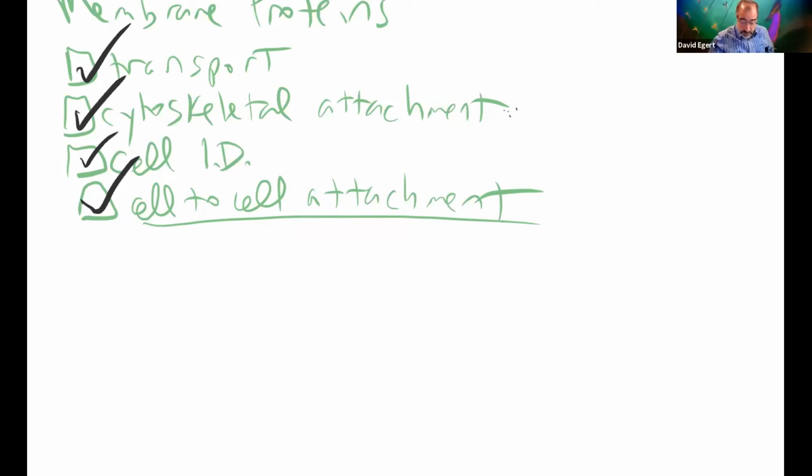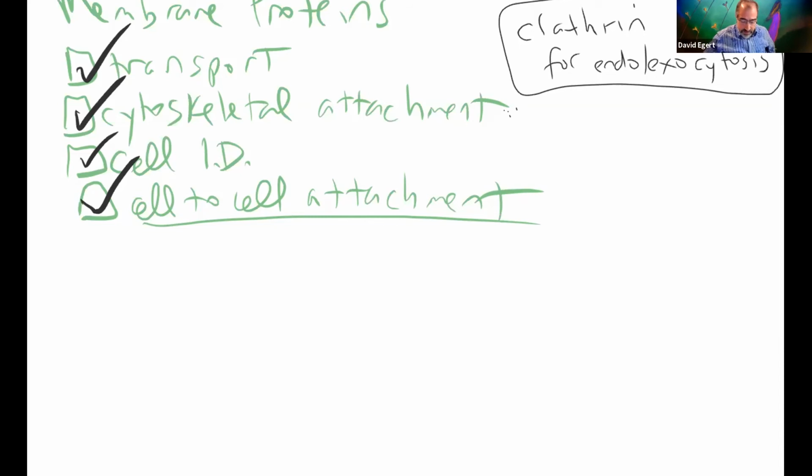I could put it, clathrin is also up here. Let me be less quick. So I will put that on the side, but it's not going to be a major player for our semester in terms of what you need to understand.